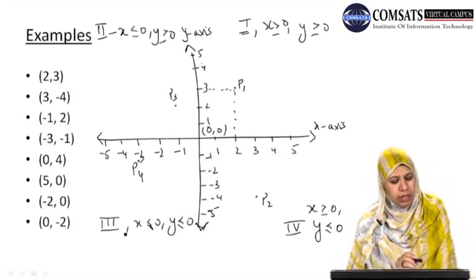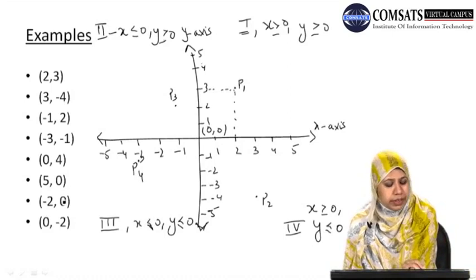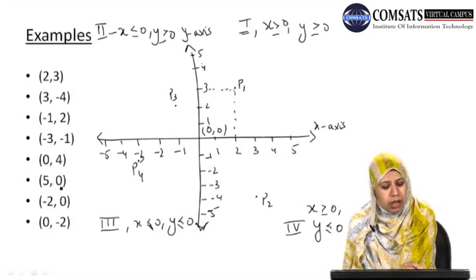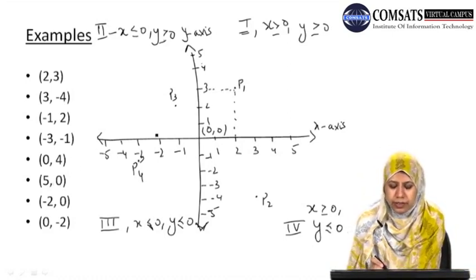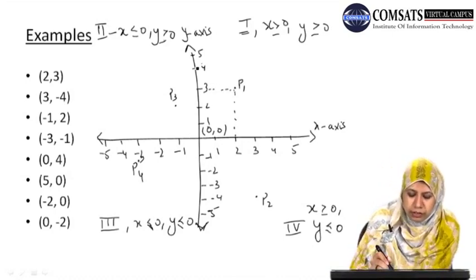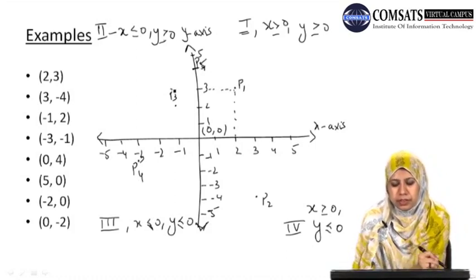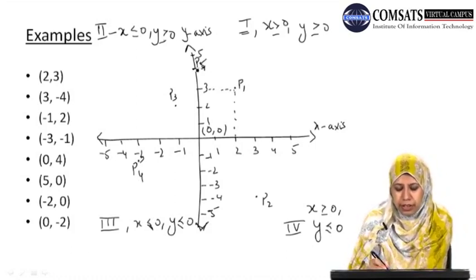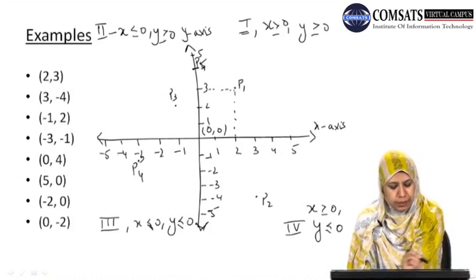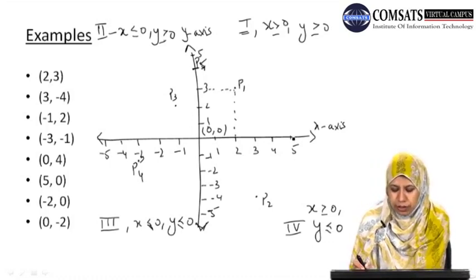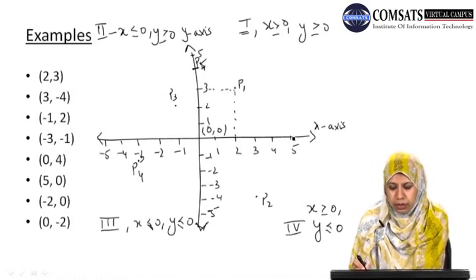Okay. Now the fifth point is somewhat interesting, that is x is 0 and y is 4. So this is basically P5 when x is 0 and y is 4. Now we have the sixth point when x is 5, positive, and y is 0.